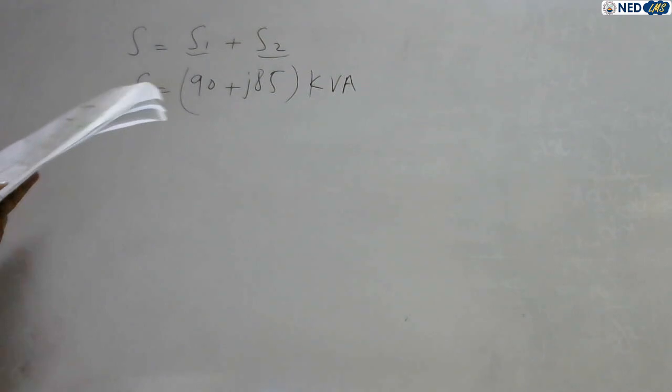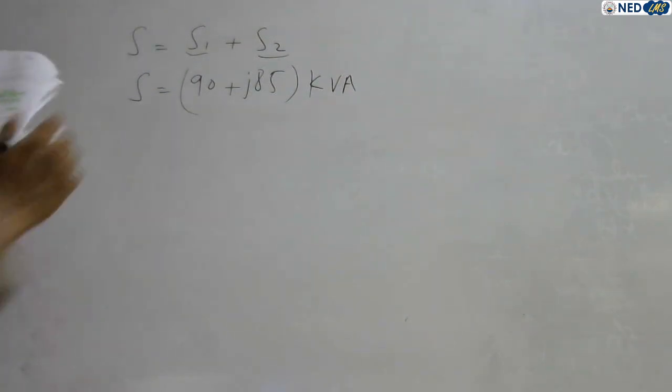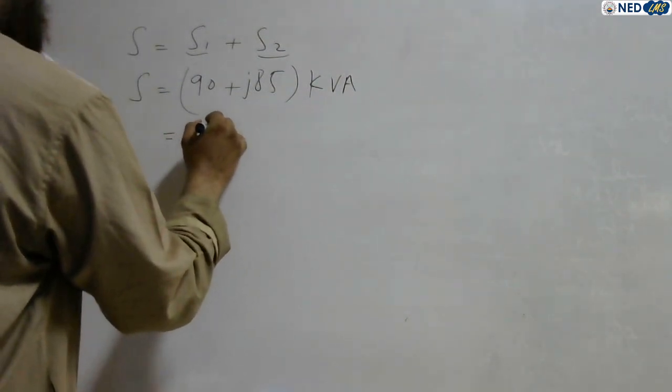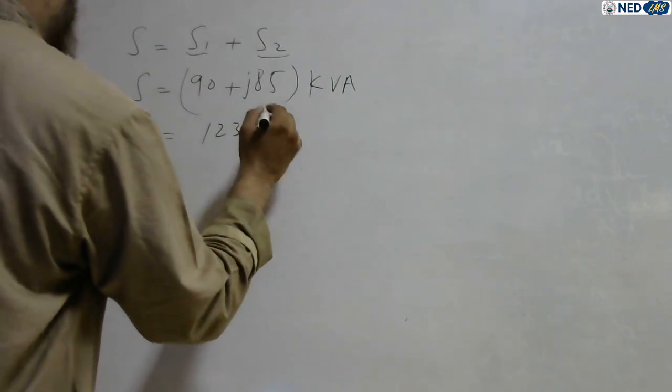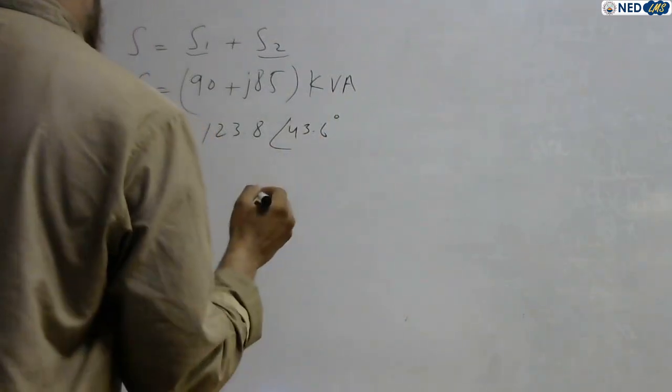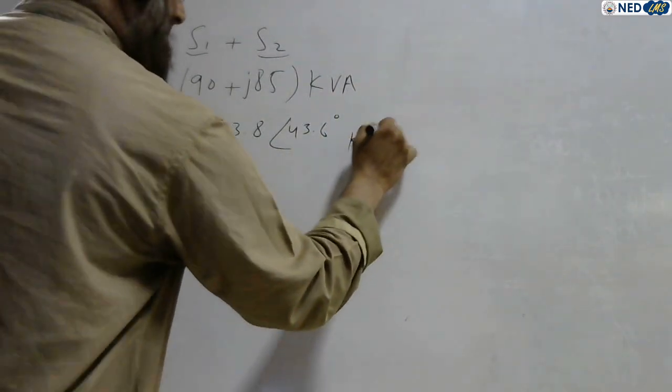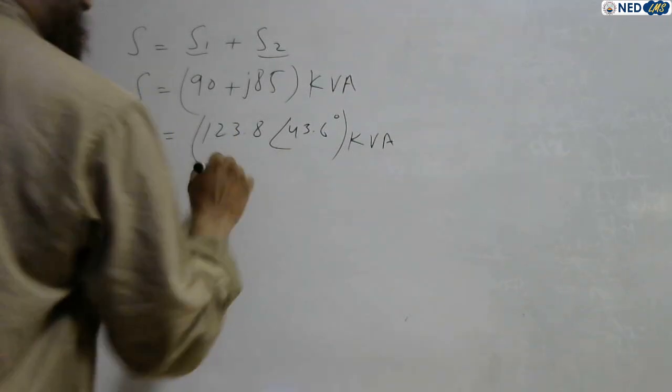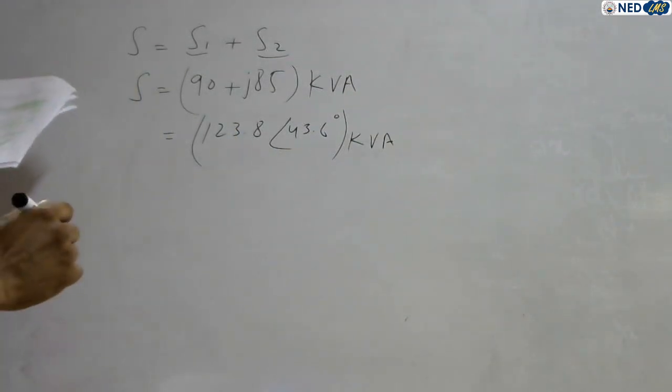See, S, that is apparent power, complex power, and when you convert it into its phasor form, you will get 123.8 angle 43.6 degrees. The units remain the same, kilovolt amperes, right?